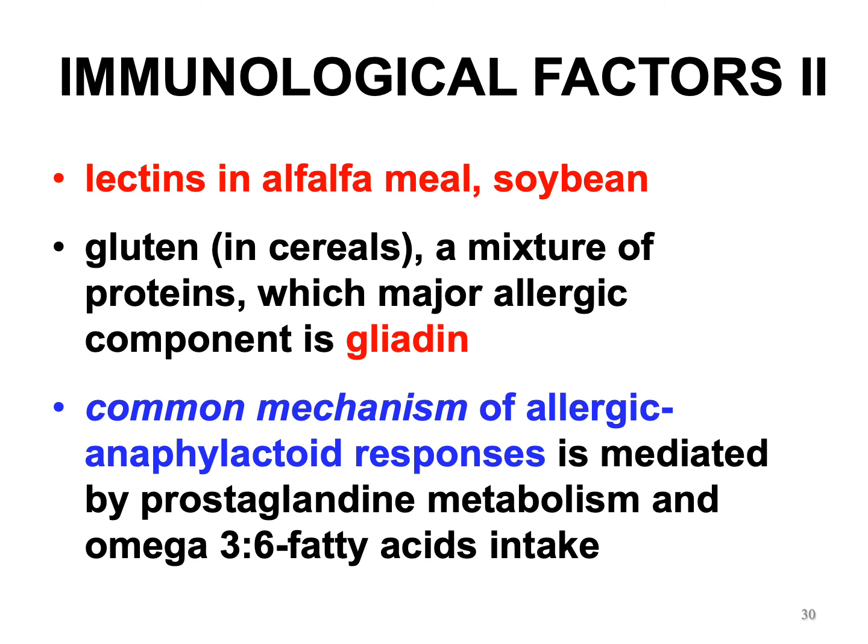The second important group of immunological factors are the lectins or phytohemagglutinins, which can be found as anti-nutritive factors in the alfalfa meal and also in the soybean. Both are important components of the sow's feed mixture. And also the gluten in cereals, which is a mixture of proteins, whose major allergic component is the gliadin.